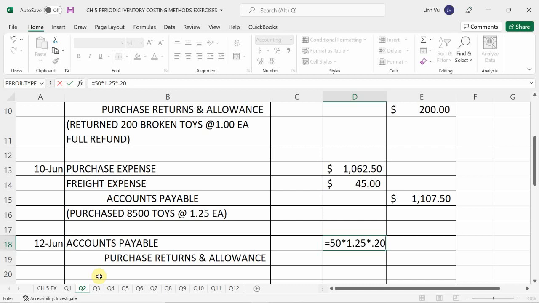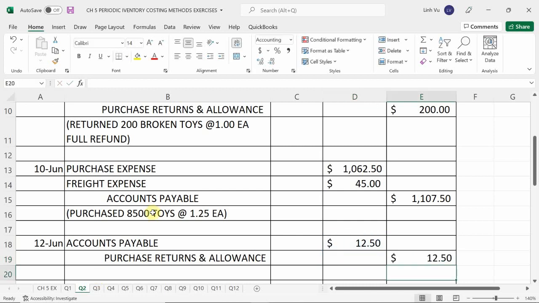I'm only taking 20%, not times 20. So 20, yeah, $12.50, right? Out of the $62.50, I'm only getting $12.50 back. Okay?